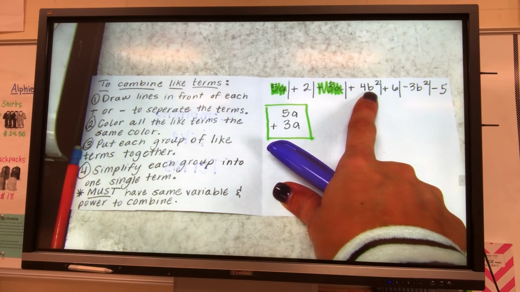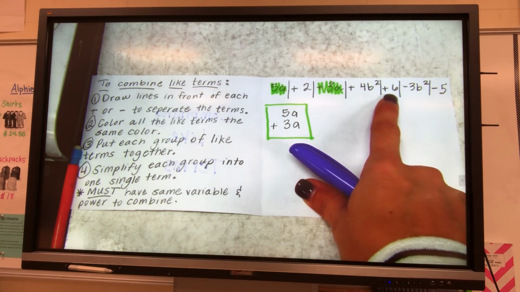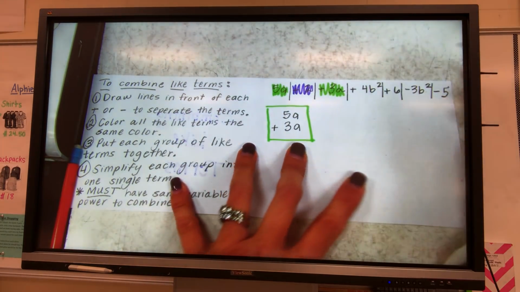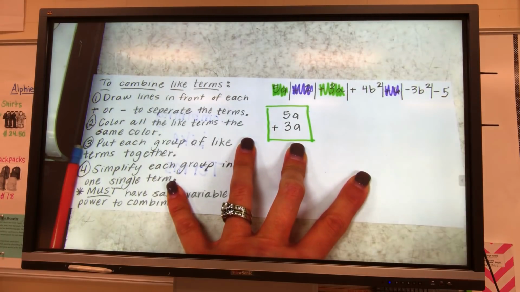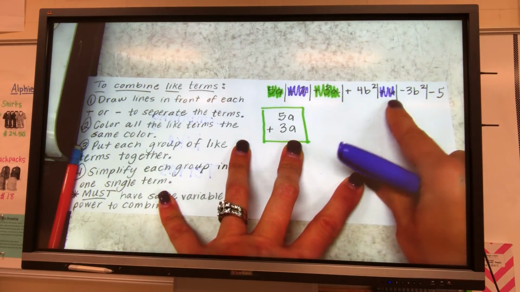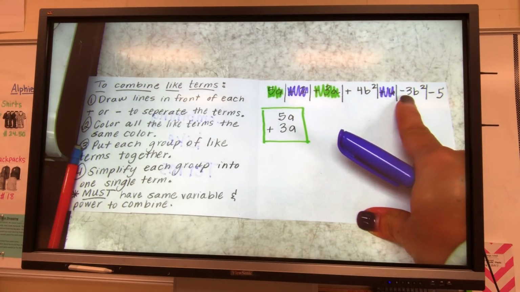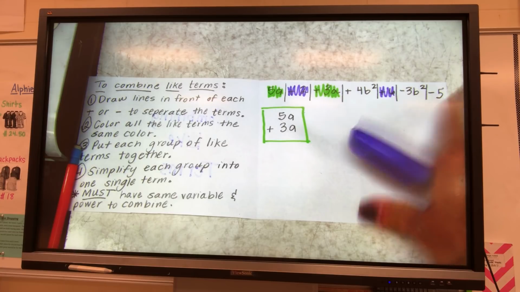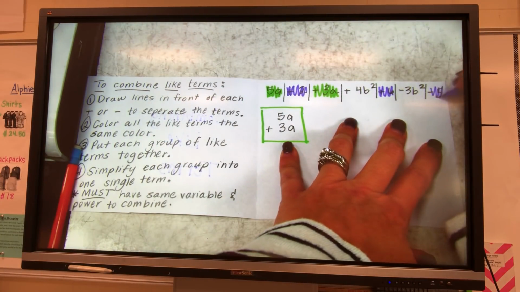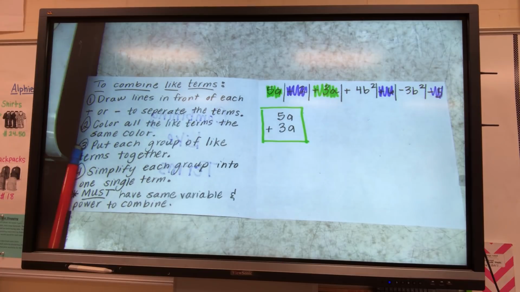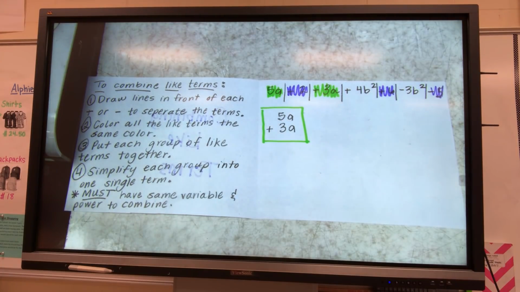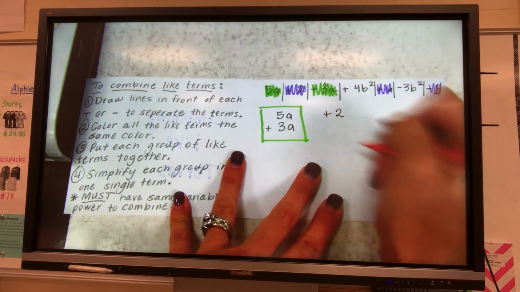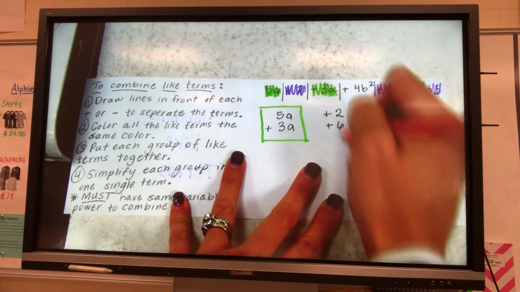That's not its same family. 6, does it have a last name? No. So positive 2 and positive 6 work. Negative 3b squared has a last name of b squared, so I can't highlight it. Then I have negative 5. It doesn't have a last name, so I can highlight it. Now I'm going to write these in the same order: positive 2, positive 6, negative 5.